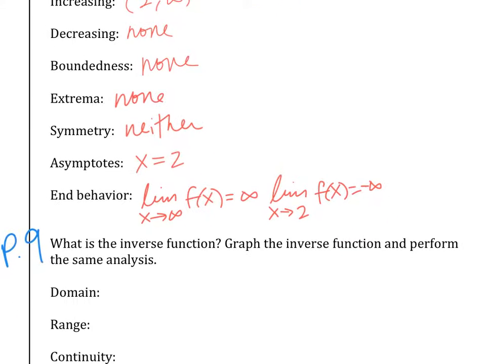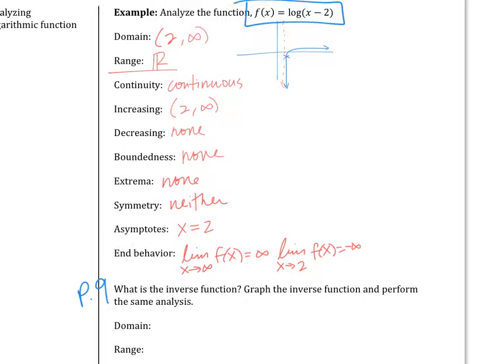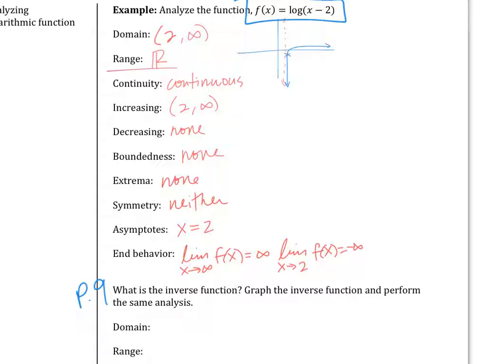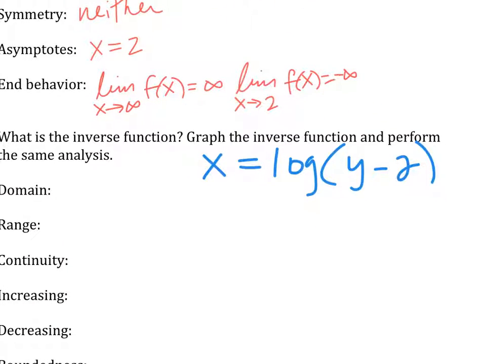Okay, so let's write this down. The original function is y equals log x minus 2. So switch x and y: x is equal to log y minus 2. Now we need to solve for y. How do we solve for y? Subtract? Cannot subtract, it's stuck. Divide by log?